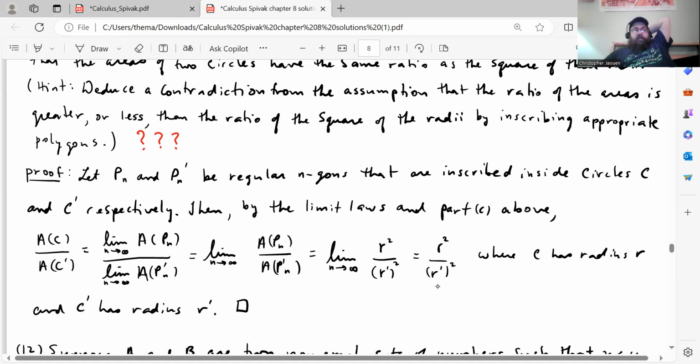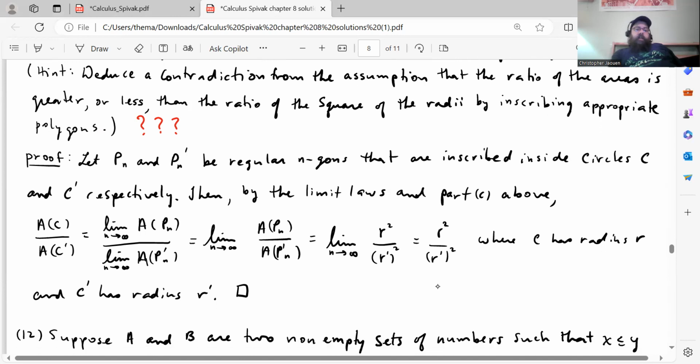And by the limit laws, that's equal to the limit as n goes to infinity of the ratio of the area of Pn over the area of P'n, which is equal to the limit as n goes to infinity of r squared over r' squared. Since r squared over r' squared is a constant, the limit is equal to the constant, so that's equal to r squared over r' squared, where C has radius r and C' has radius r', and that establishes the fact.